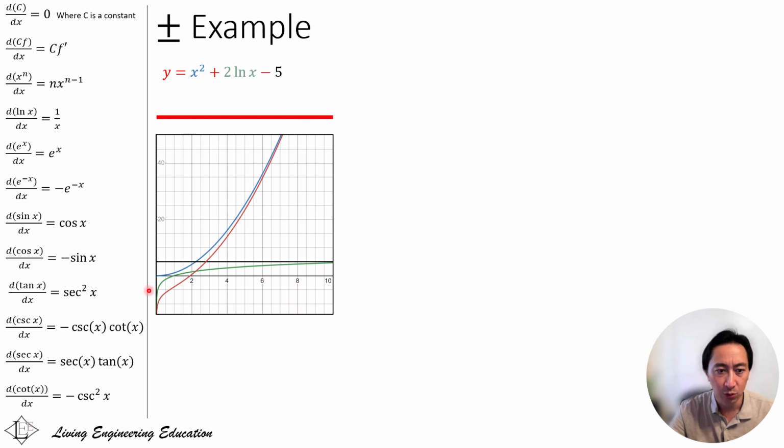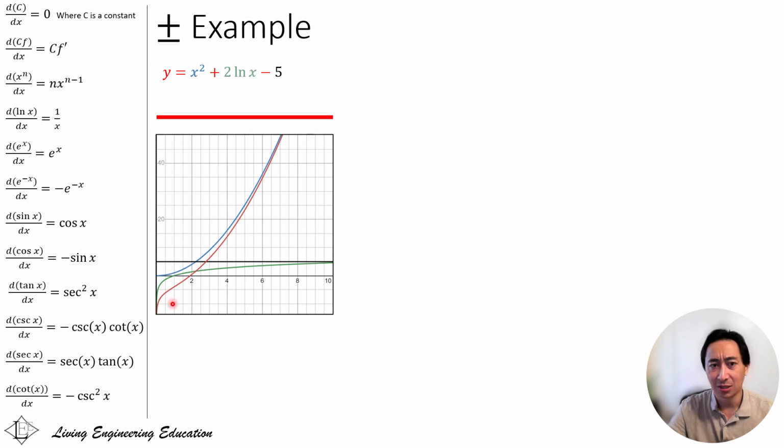So I have x squared in blue here. I've only shown the positive x-axis of this because I have my natural log term that only has positive x components here. So 2 ln x, natural log x, shown in green here, and then 5 in this black horizontal line, and the combination of all of these in red shown here, right?